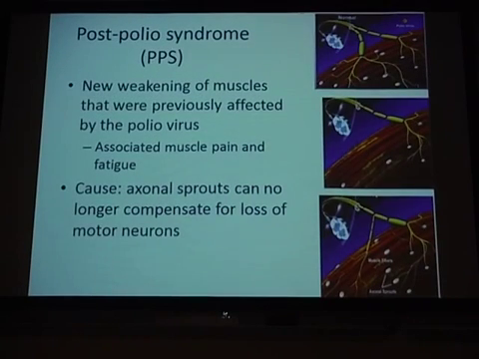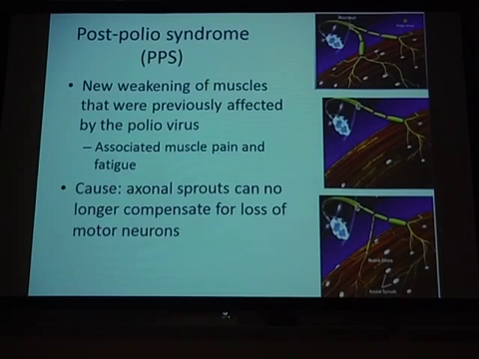All right, one more motor neuron disorder, and that is polio and post-polio syndrome. Polio itself is a virus that attacks cells in the ventral horn of the spinal cord, so it's attacking our lower motor neurons.